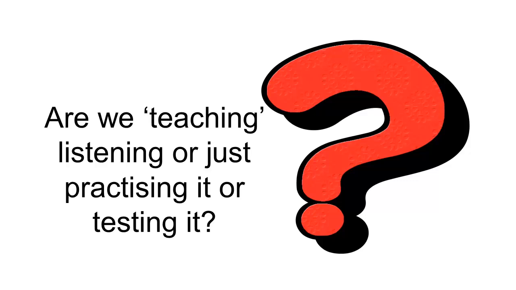So clearly this top-down processing is very important, and it does make life much easier for learners if they've got an idea of what they're going to listen to. But it does raise this question: are we really teaching listening or not? Are we just practicing it?